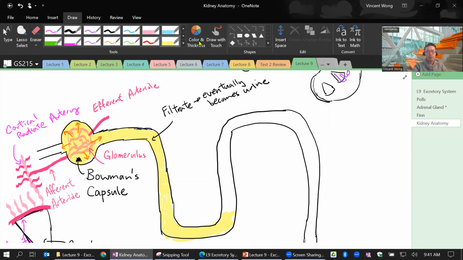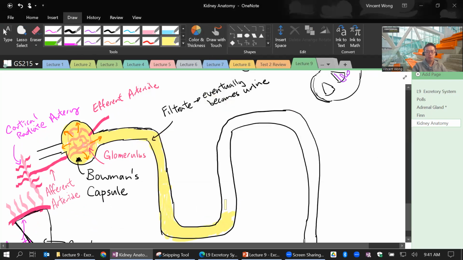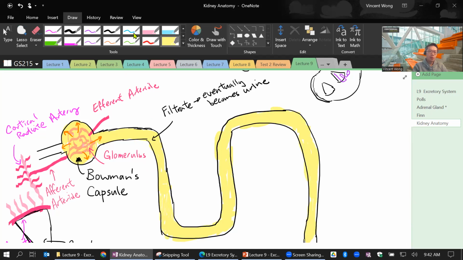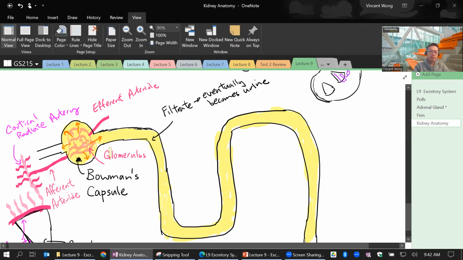Okay, let me just get a bigger coloring thing here. Okay, so that's the filtrate. Okay, so we'll talk about how we change the content of the filtrate later on. But so far, are we together? Any question at all?